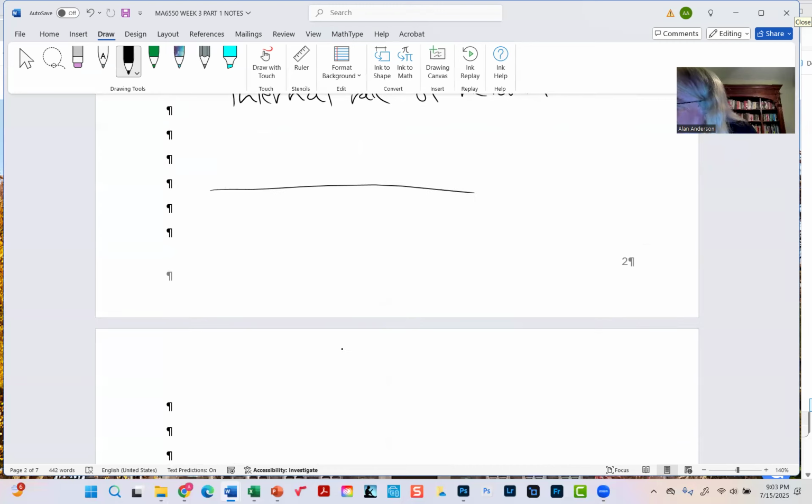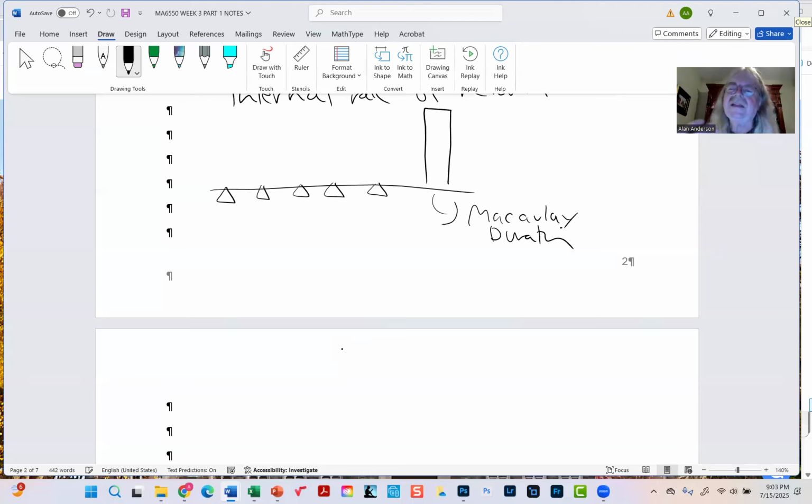They would put like, here's the big seesaw. These are the cash flows. This is a fulcrum. And then, yeah, it would look something like that. This point, this is the Macaulay duration right here. But again, it's a little tricky to interpret in terms of English.